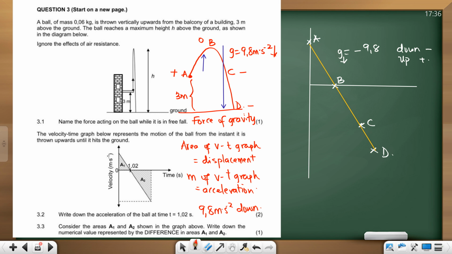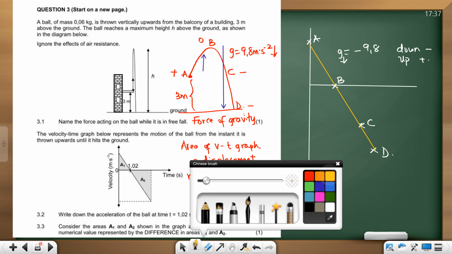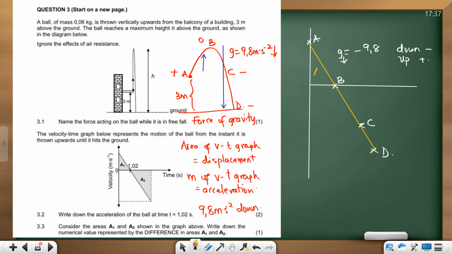All right. Consider areas A1 and A2. Those are two areas. Write down the numerical value represented by the difference. Where is A1? This is A1.